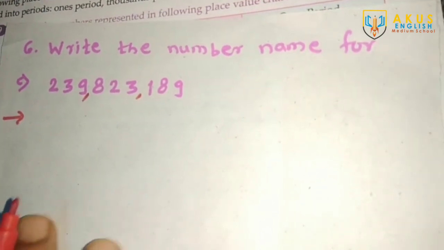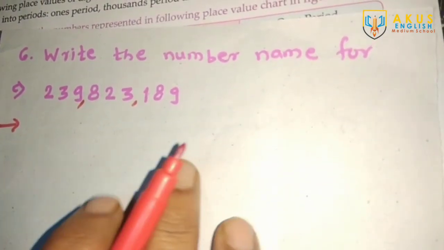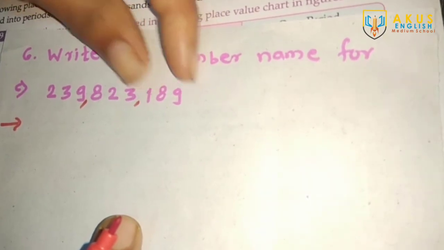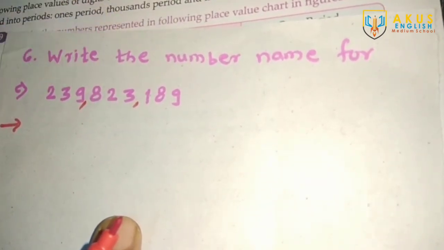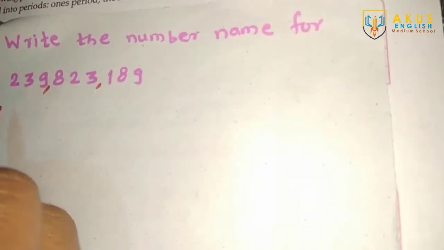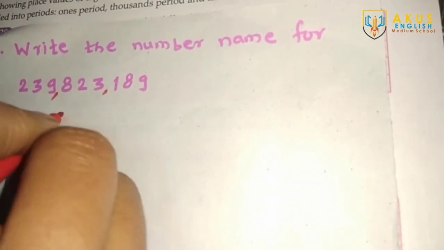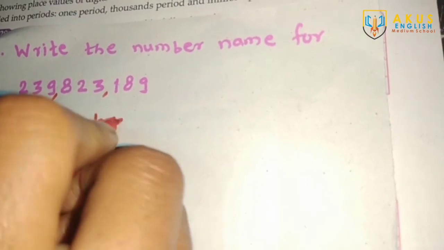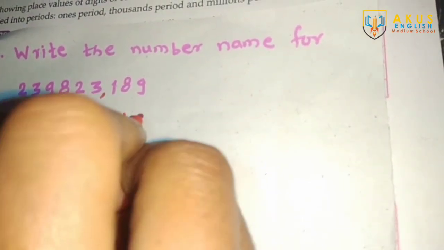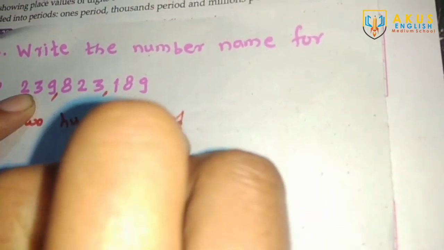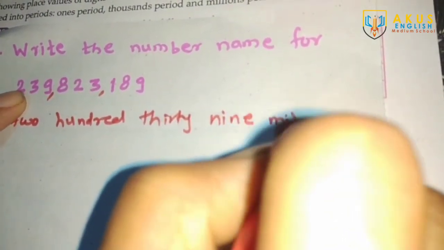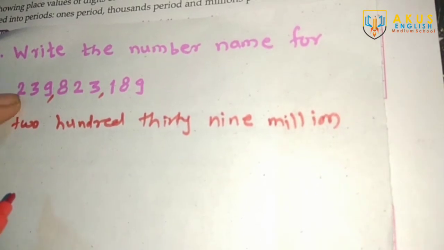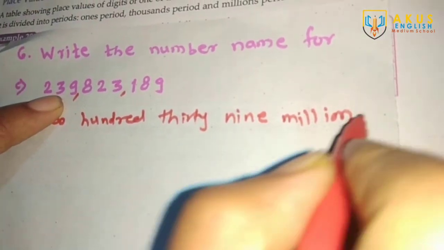So it will become easier to give the name. This is the ones, then 1000, and this is for million. Now how to call it? 200, then 39. But which period? Million. So 239 million.